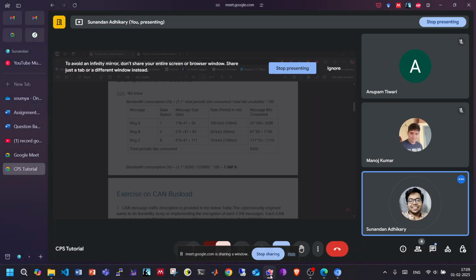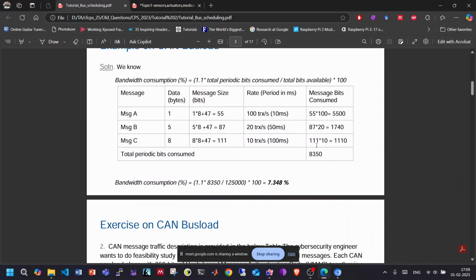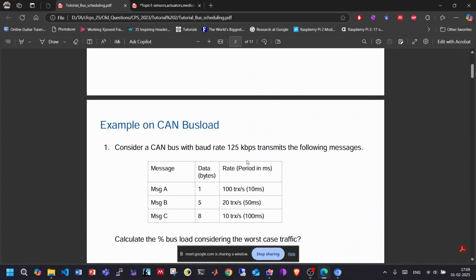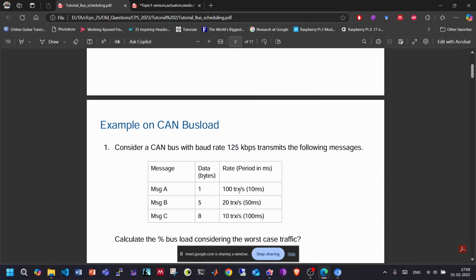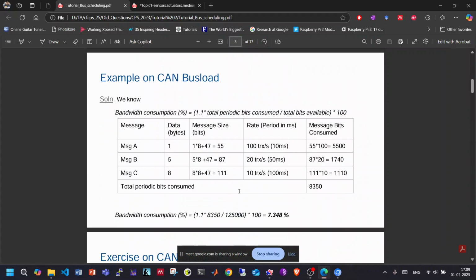Hello? Yes. Okay. If this makes sense, then we know how many bits our bus can carry. How many bits? What does it mean? 125 kilobits per second, right?